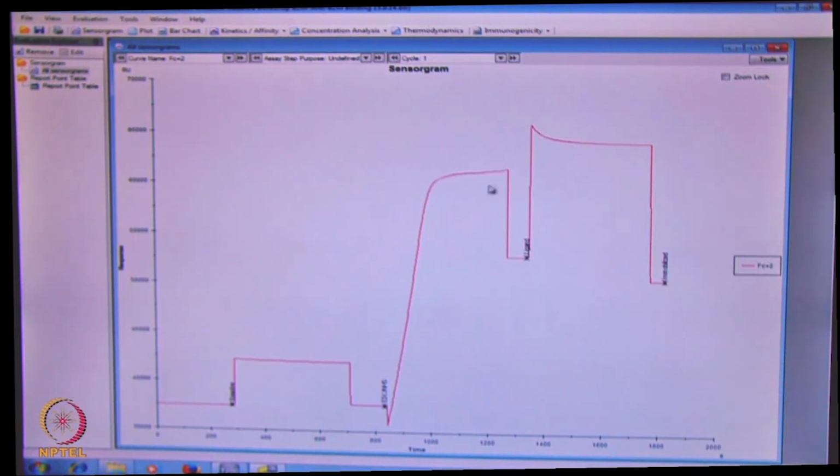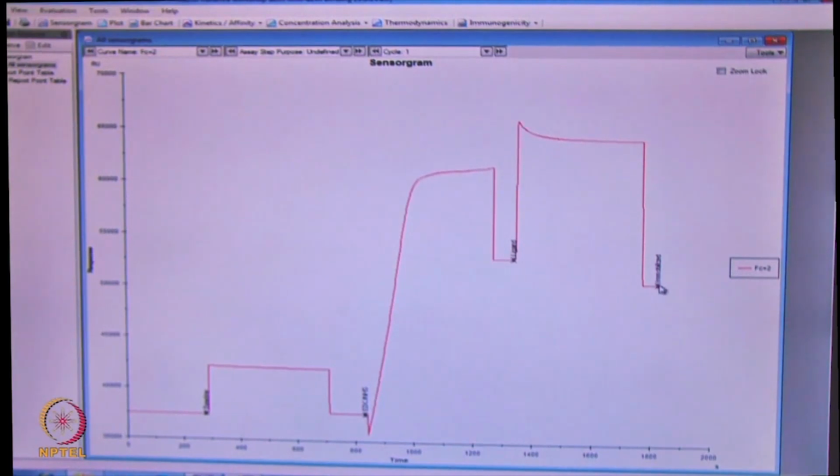The buffer washes away the loosely associated ligand molecules. Deactivation and further washing away of loosely associated ligand happens, and the difference in response between these 2 points reflects the amount of anti-beta 2 microglobulin immobilized.